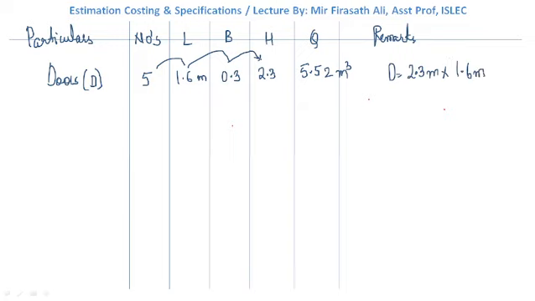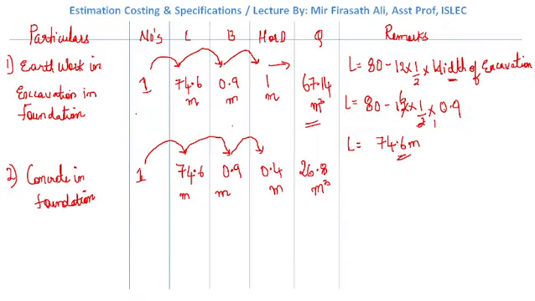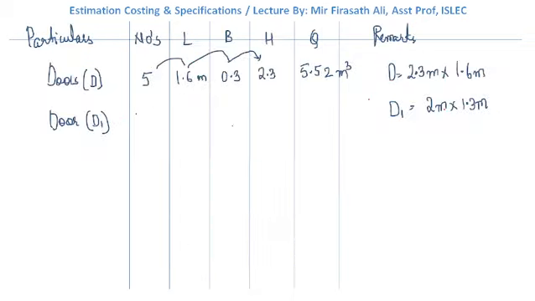Next we have D1 door, which we are using for the bathroom. The dimension of D1 door is 2 meters into 1.3 meters. How many doors do we have? If you look into the plan, we have 2 bathrooms, so there will be 2 D1 doors. What is the length? 1.3.